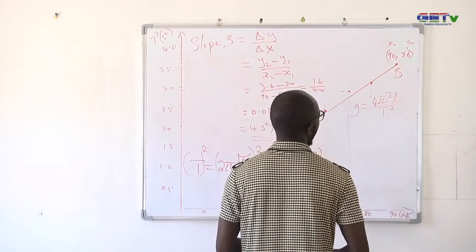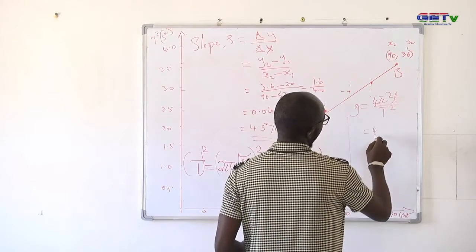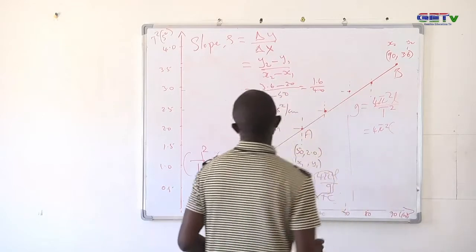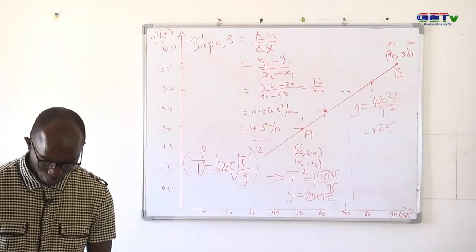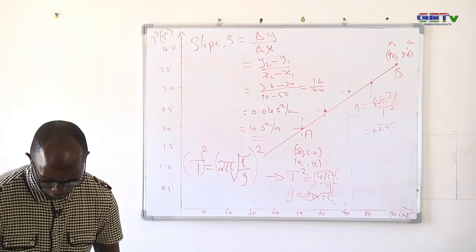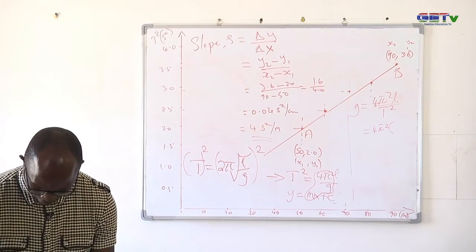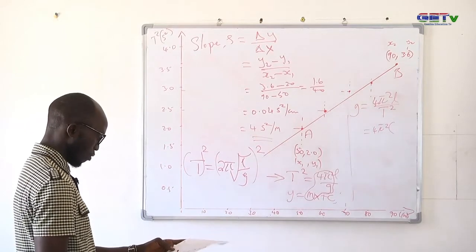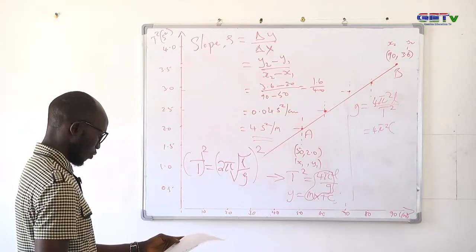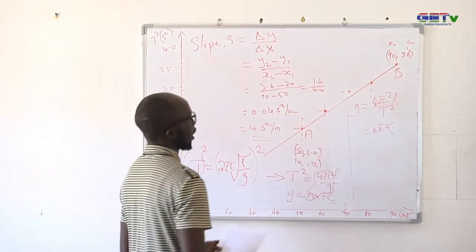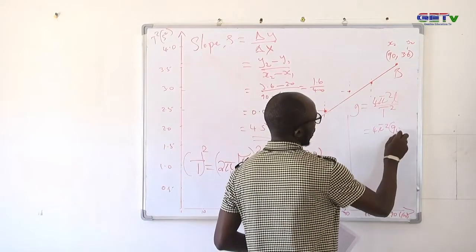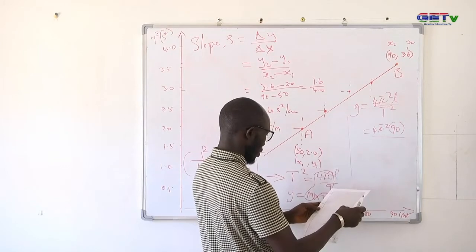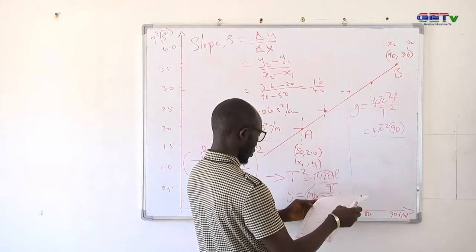At this point, we'll take 4 pi squared, and L, we can go back to our equation. Whatever value we take for L, we take the corresponding value for T squared. So let's say L is 90. What was the corresponding value? I think it was 3.6 or so.